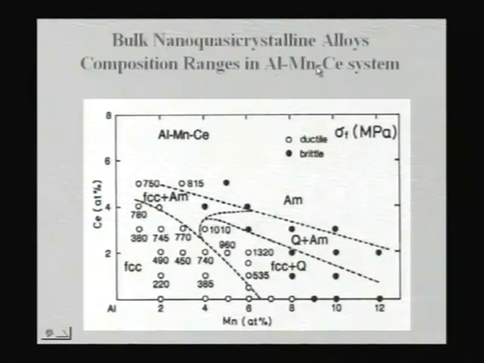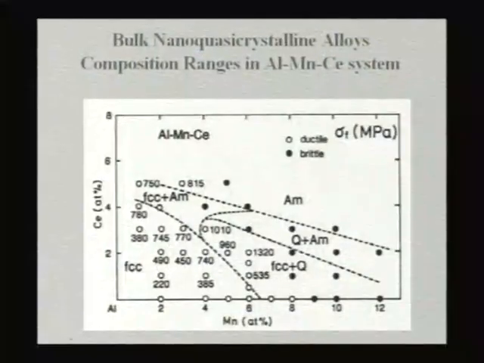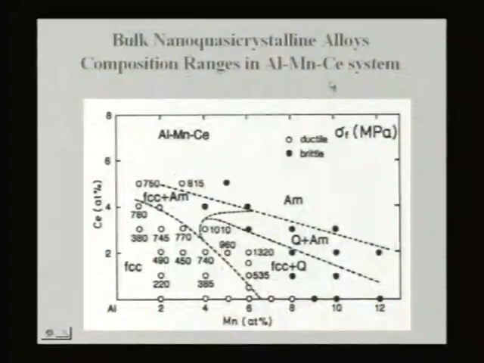This is aluminum manganese cerium. We talked earlier about aluminum nickel cerium, where you can get a completely single phase amorphous alloy, whereas if you replace that nickel with manganese, in aluminum manganese cerium, we already know that aluminum manganese gives a quasicrystal, but if you add cerium to it, you can get a nano quasicrystalline phase and a bulk nano quasicrystalline alloy, and this gives you an idea of the composition ranges of cerium and manganese to get various phases.